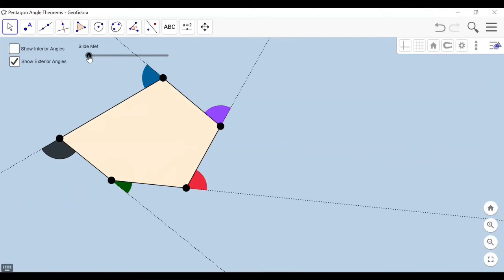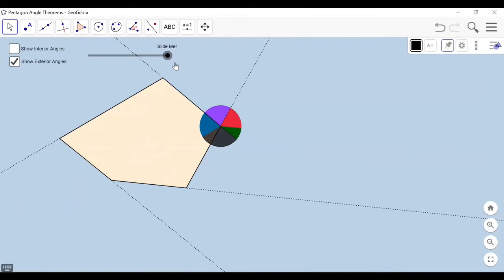So now let's check what happened. Please observe. What will you get? The sum of the exterior angles for the pentagon will be a circle, which is 360 degrees as well. Am I correct?